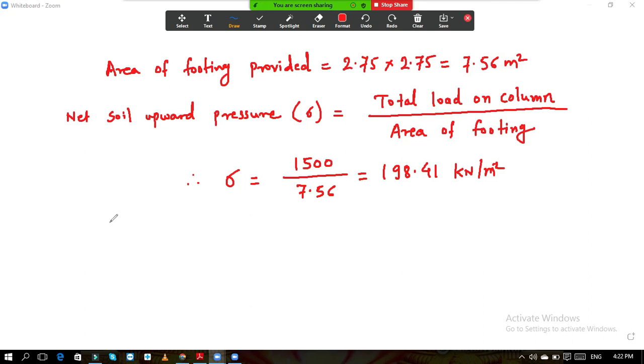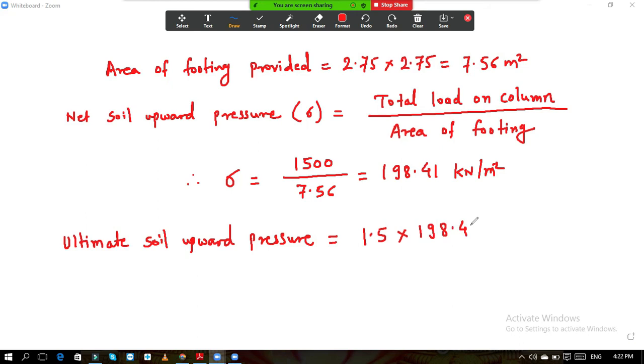Now calculate the ultimate soil upward pressure. So multiply this by 1.5, because we require the factored pressure. So 1.5, our factor of safety, multiplied by 198.41.